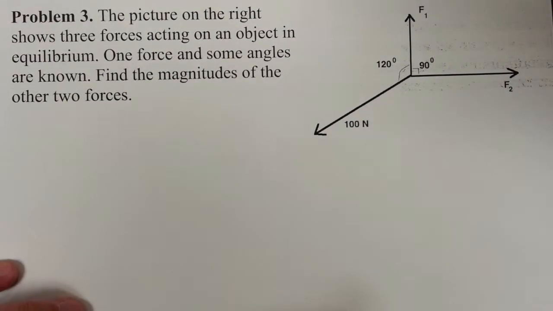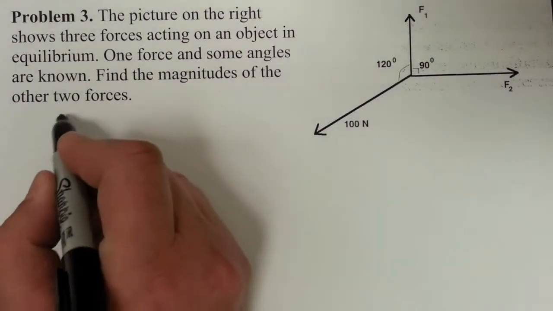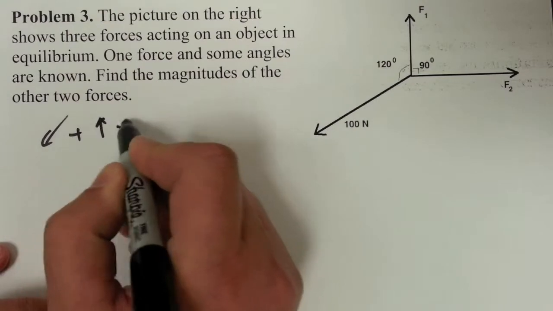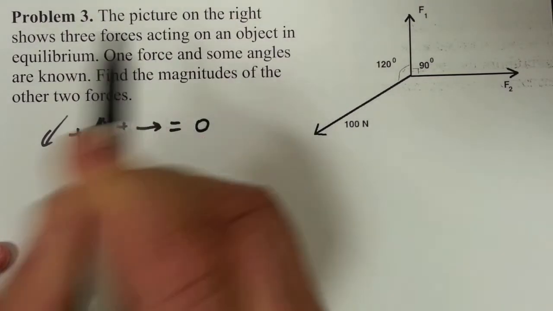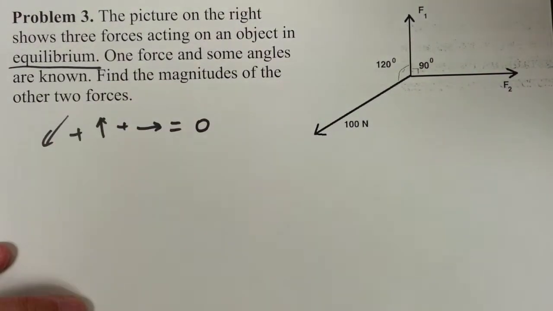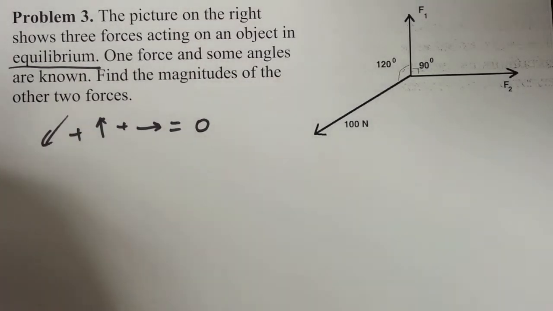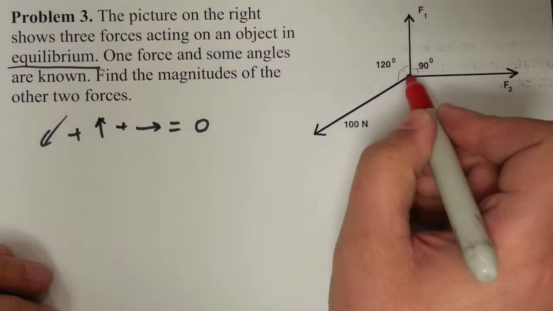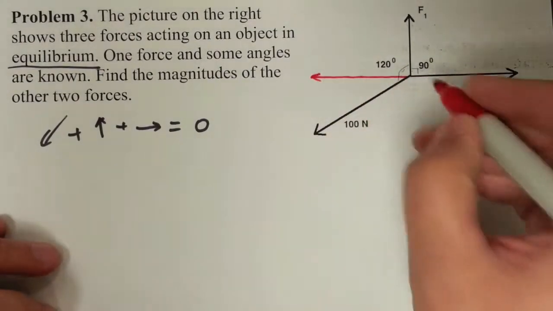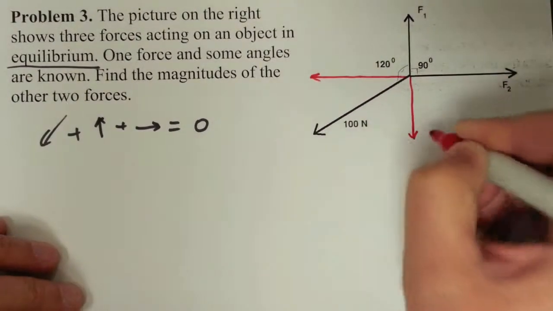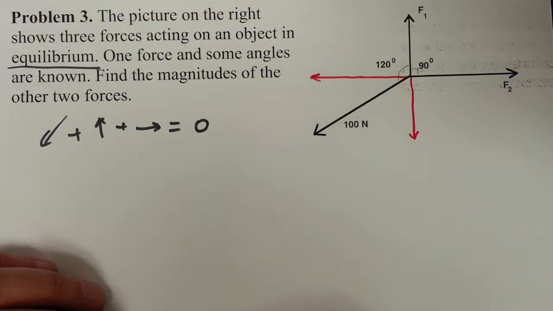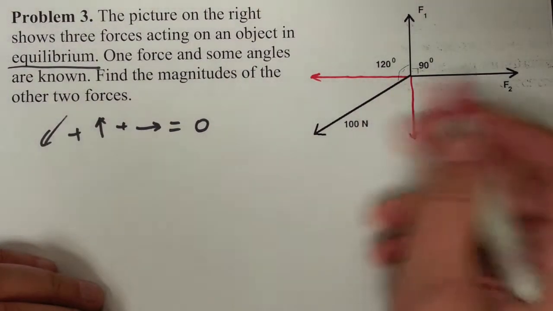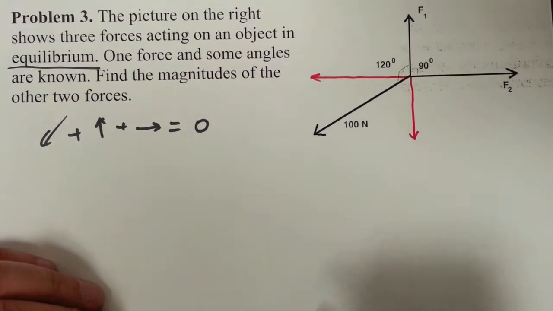Well, what do we have here? This plus this plus this is equal to 0 because of this. How can it happen? Well, the given force should have the components which should cancel out the other two forces.